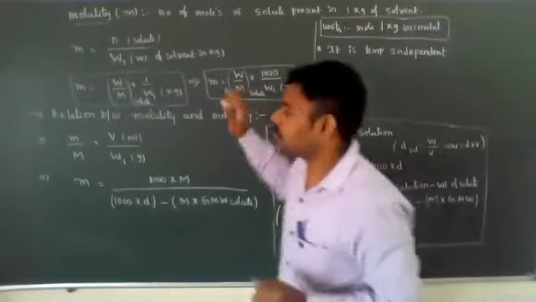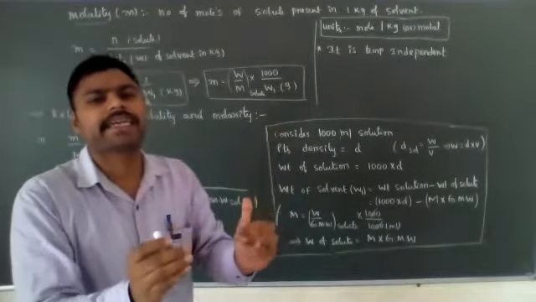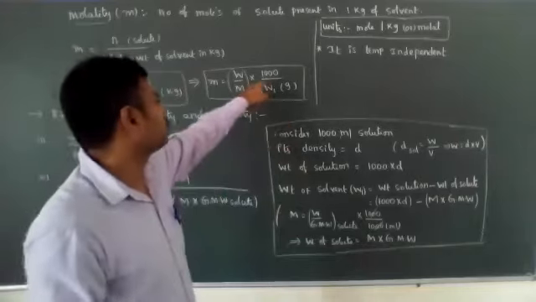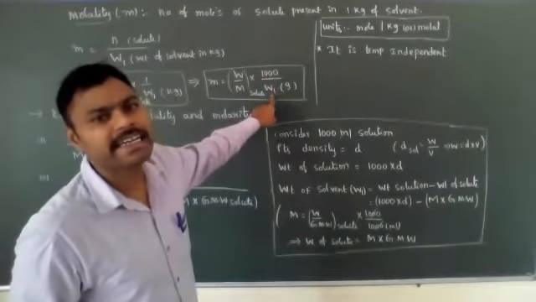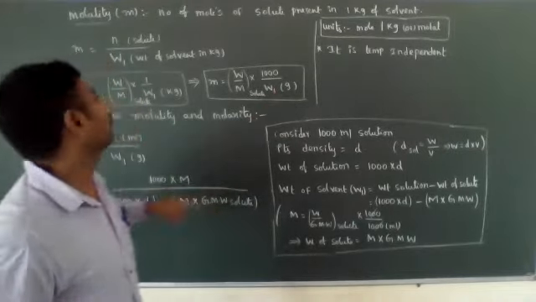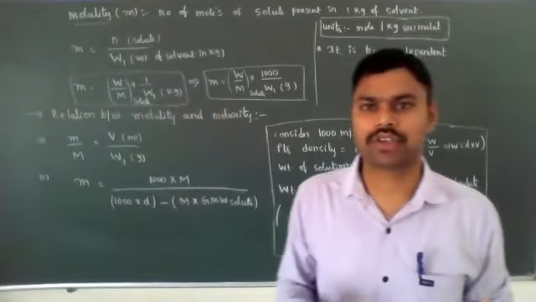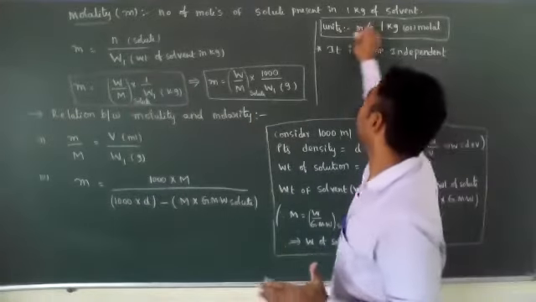So these are the important formulas. What is the formula for molality? Weight by gram molecular weight into 1000 by weight of solvent in grams. That is the formula for molality. Molality means the number of moles of solute present in 1 kg of solvent.